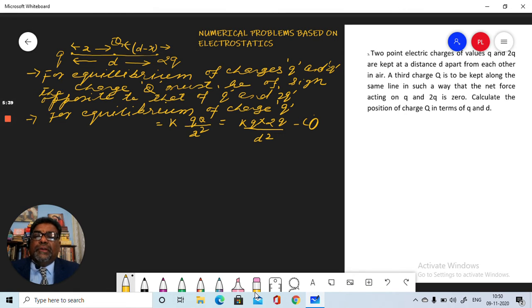For equilibrium of charge q, here k Qq upon x square is equal to k q into 2q upon d square. This is the first equation.